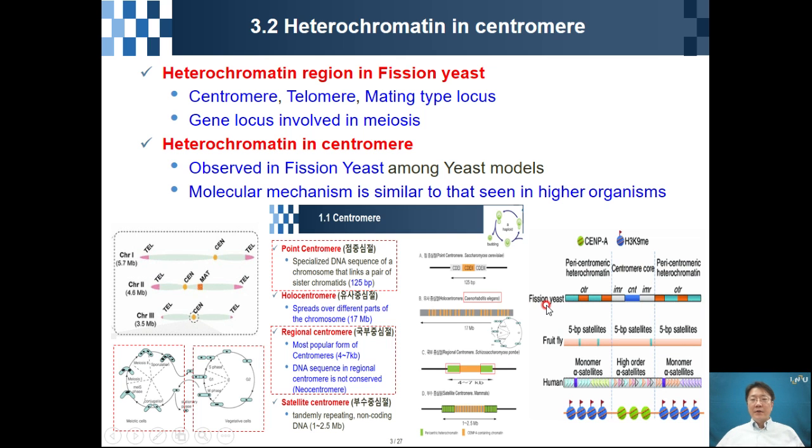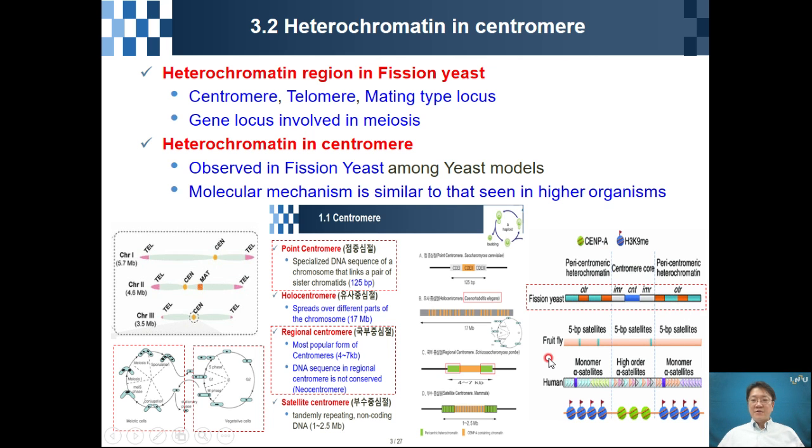The molecular mechanism is similar to that seen in higher organisms. For example, this is the fission yeast: at the center there is the CENP-A binding region, and in the neighboring region there is the heterochromatin region.